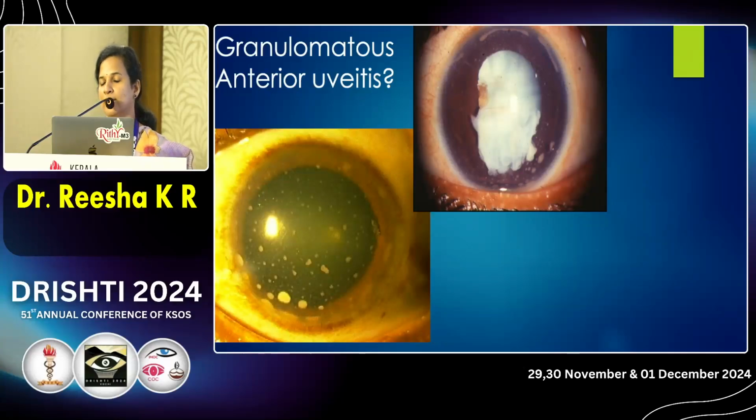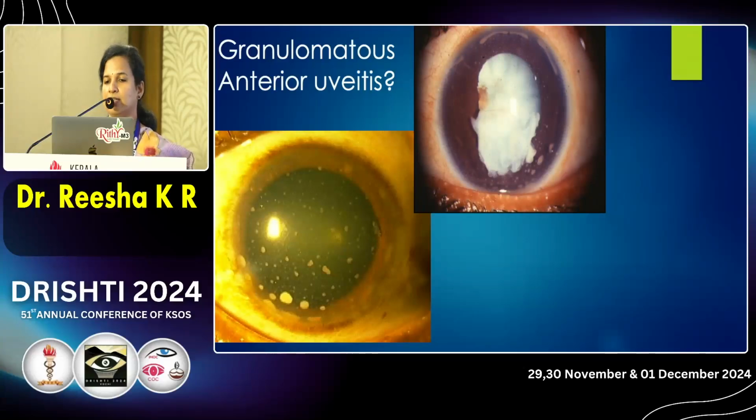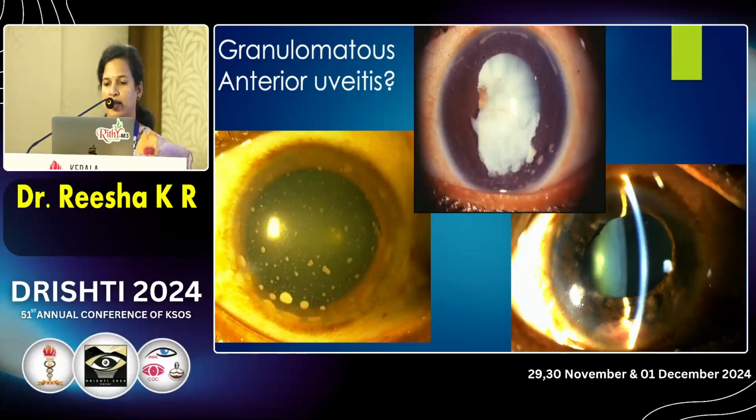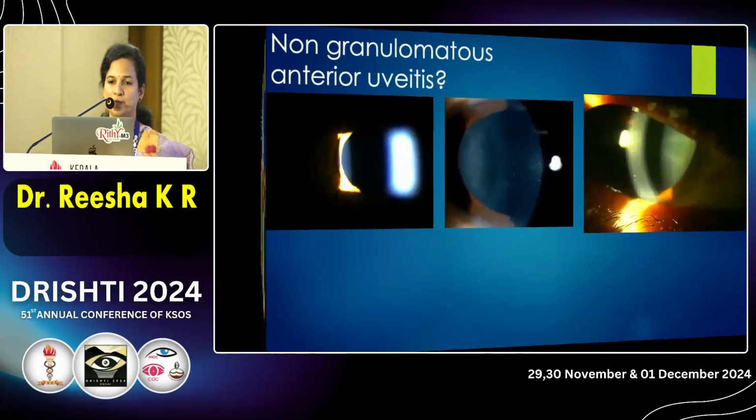So it's not a uveitis per se, it's a lens-induced AC reaction with lens deposits. Yet another patient, granulomatous looking lesion, but see carefully, there are not many KPs and AC reaction. All these are deposits on the iris. So it was a case of iris metastasis from lung small cell carcinoma.